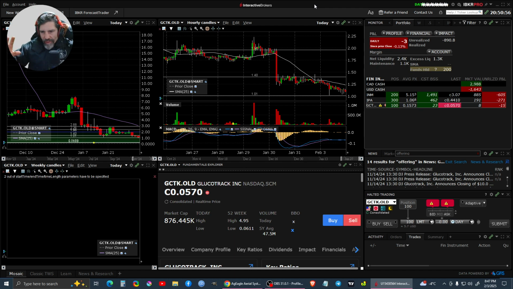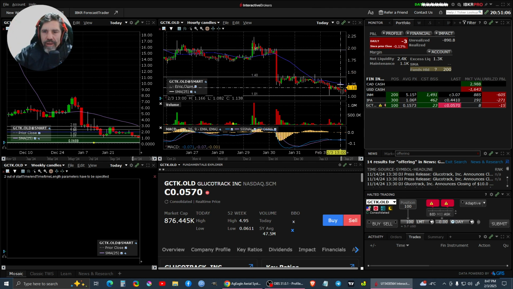So in order to exercise those warrants, they need to get the price up above 1.30 and or 1.80. And so that's kind of like the target price I feel on this. And so if this goes down below $1 and then you start seeing some green come in, the target would be 1.30 or as high as $1.80. So let's see what happens.